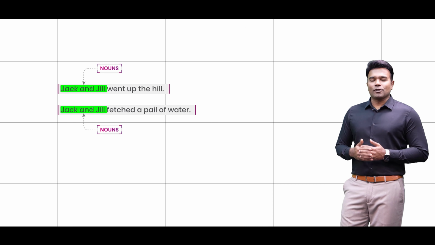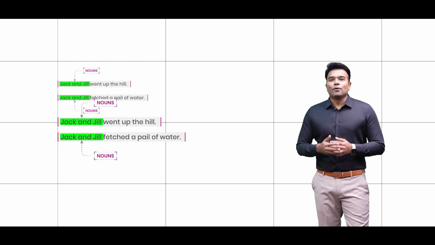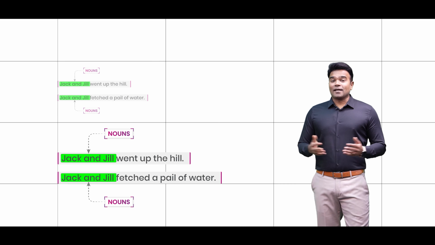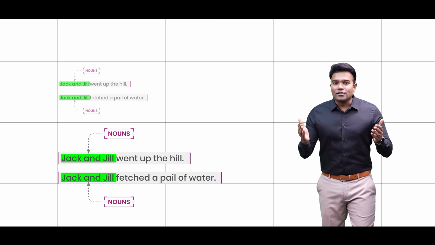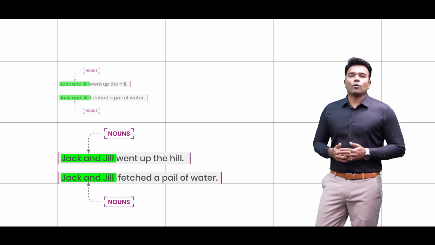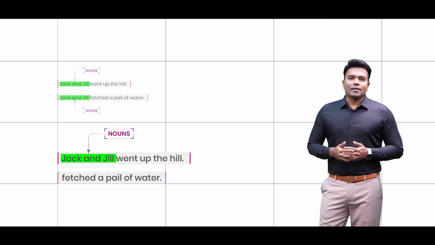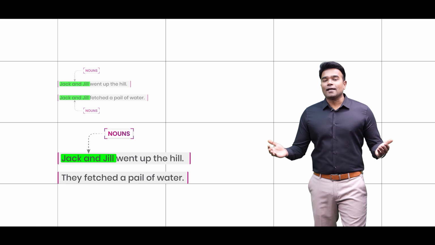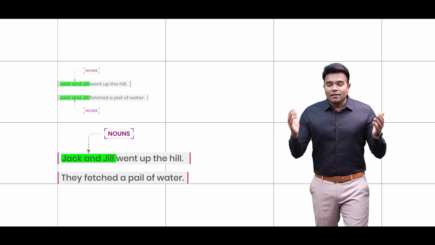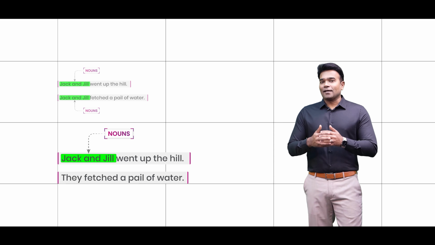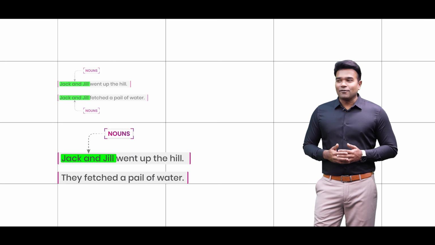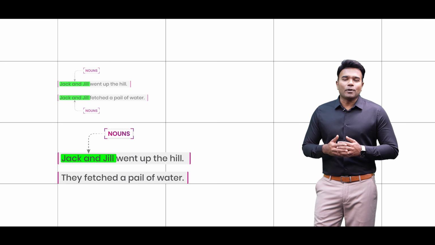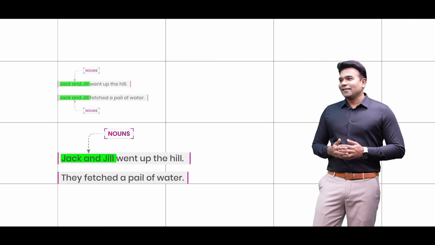What I mean to say is that in case I take the same sentence this way, and in the second sentence I remove the nouns Jack and Jill and instead replace them with the equivalent word they, then the sentence, Jack and Jill went up the hill, they fetched a pail of water, definitely has no repetition, is more readable and less cumbersome.